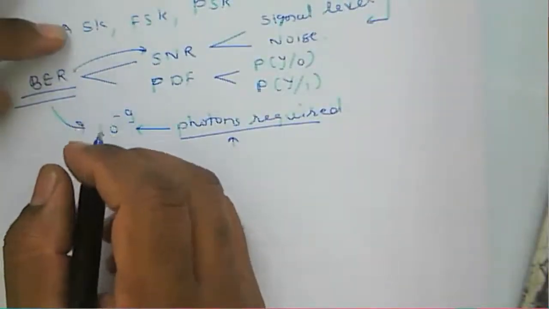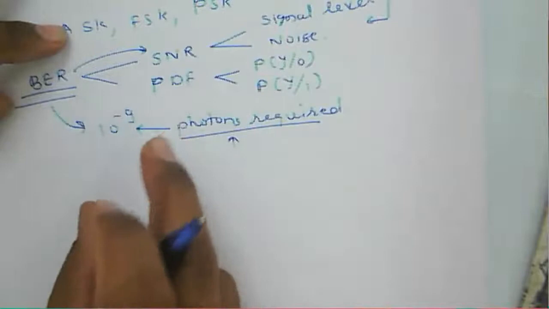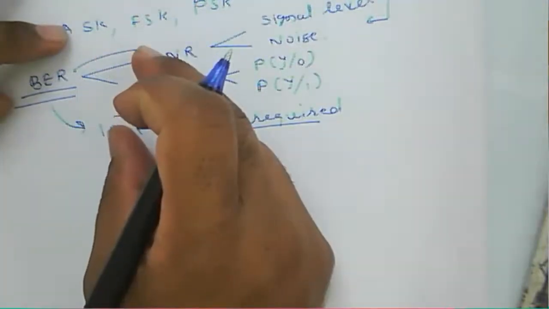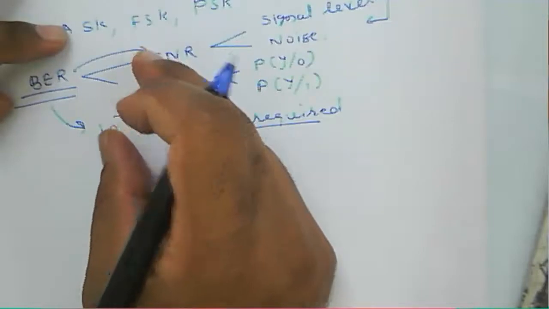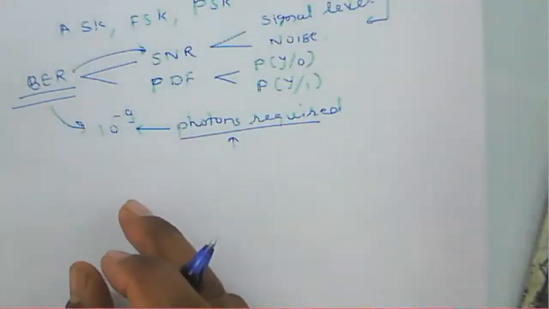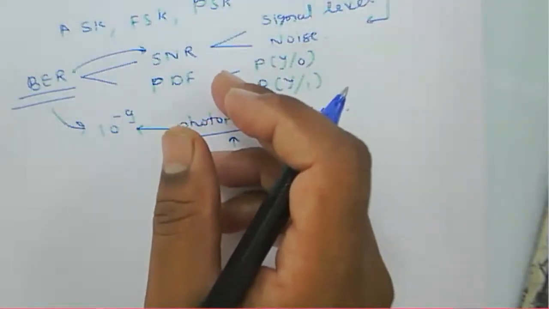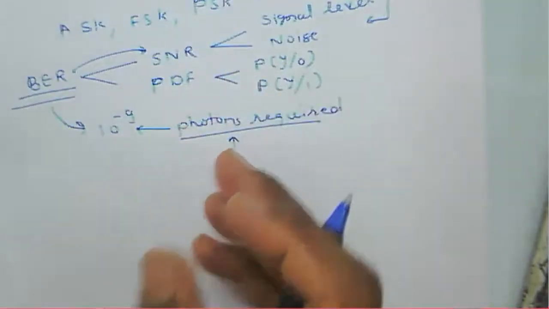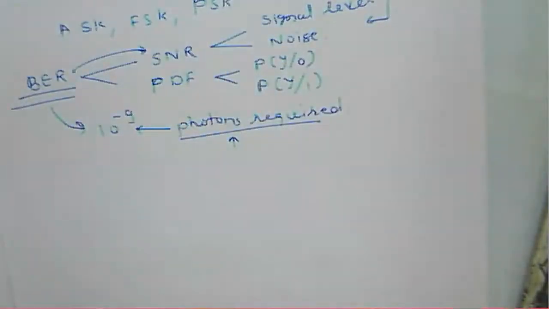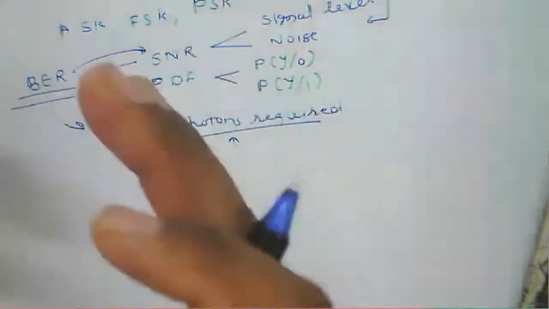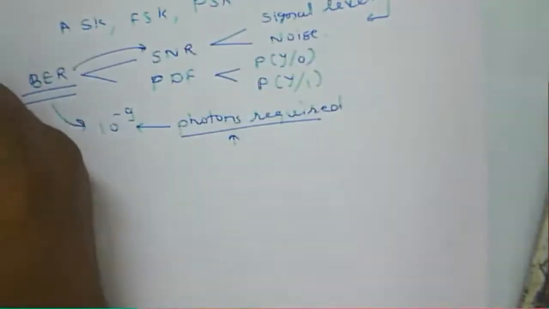That is nothing but the BER requirement for the receiver there. So we say, what will be the quantum efficiency of a detector. Quantum efficiency is generally defined in terms of the average number of photons required for the generation of the electron and hole pairs.